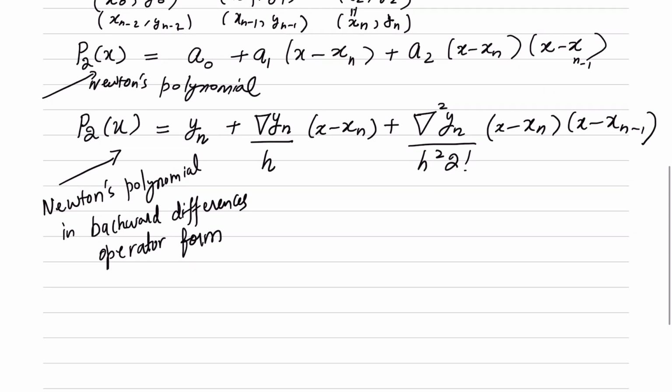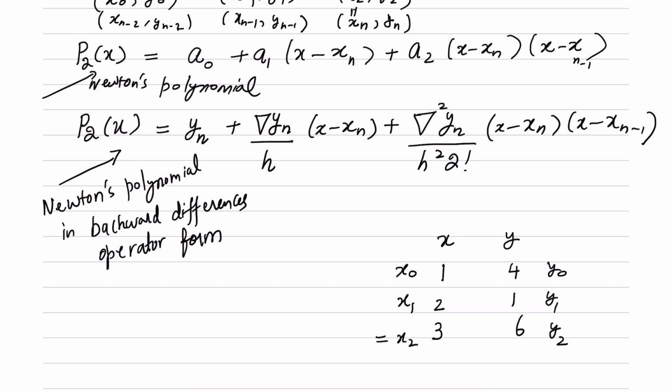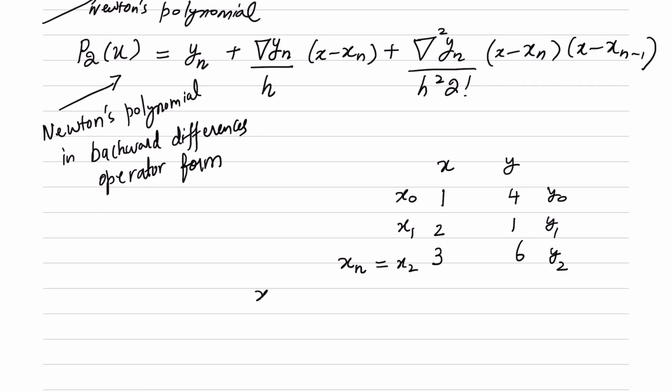So let's look at the data. We have x values and y values, which are 1, 2, 3, 4, 1, 6. When we name this data, we have x0, x1, x2, y0, y1, y2. So in the backward differences method, what you have to do is call the last x as xn. So x2 is the last x, we are calling it xn. So when we call x2 equal to xn, this means that n equal to 2.